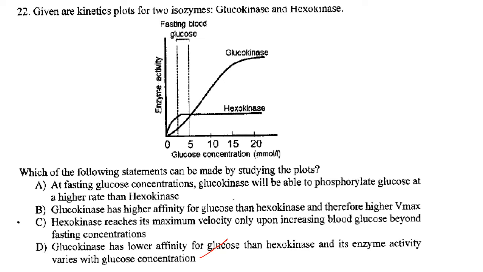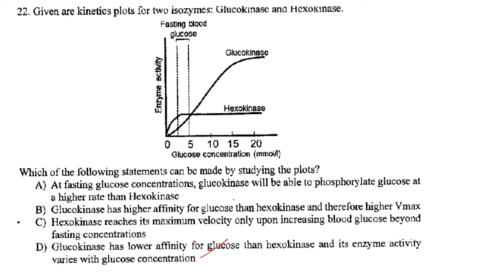So lower Km value means it has got high affinity for glucose. So hexokinase has got lower Km value means it will reach its half capacity at lower concentration than glucokinase. So under fasting condition, glucose levels are low. So hexokinase will be more active than glucokinase. So A is not correct.